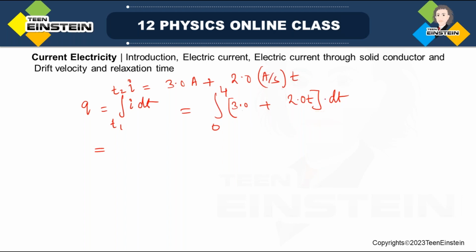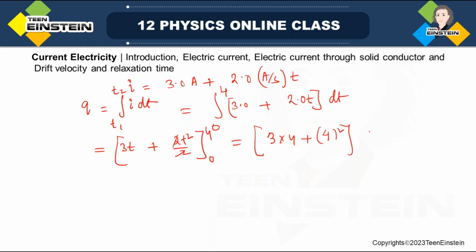So this is the integration we have to do. There is no t term in the first part, but during integration one t term will come. So 3t plus 2t squared by 2, with limits 0 to 4. At 0 everything will be 0, and at 4 it is 3 into 4 plus 16, and this will obviously be in coulomb.